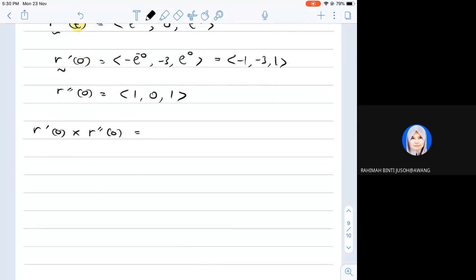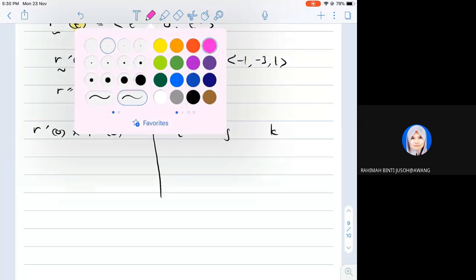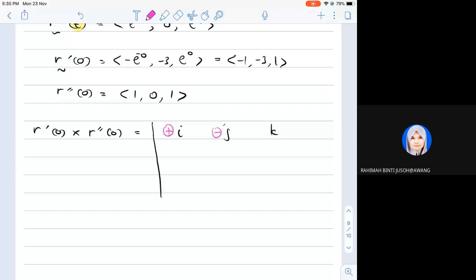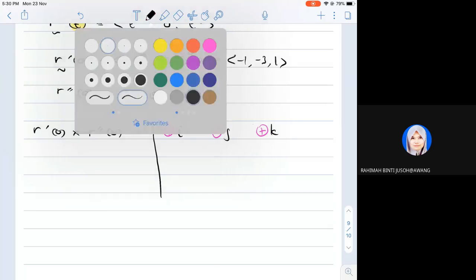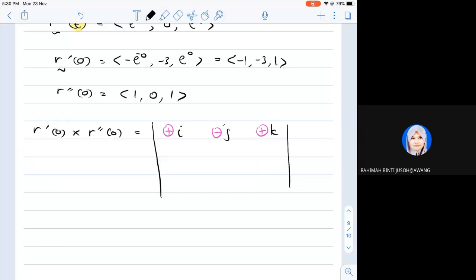We put i, j, and k, plus, minus, plus, don't forget. The first row should be r prime 0, so we take these values, negative 1, negative 3, 1. The second row should be r double prime 0, so we have 1, 0, and 1.